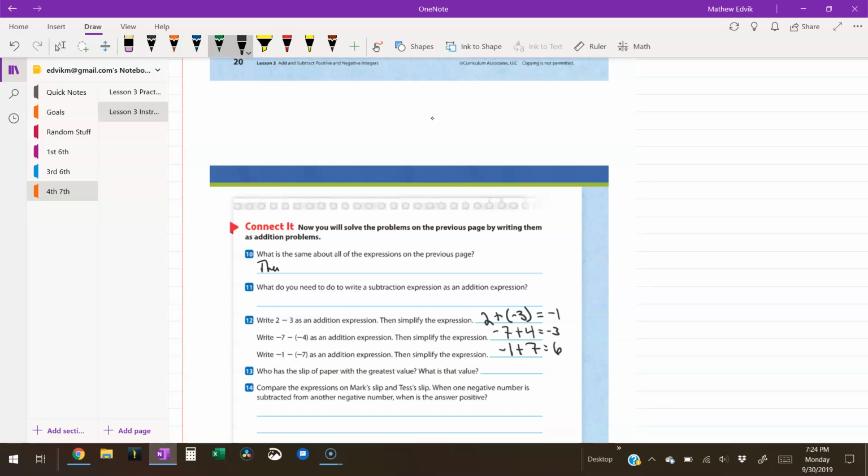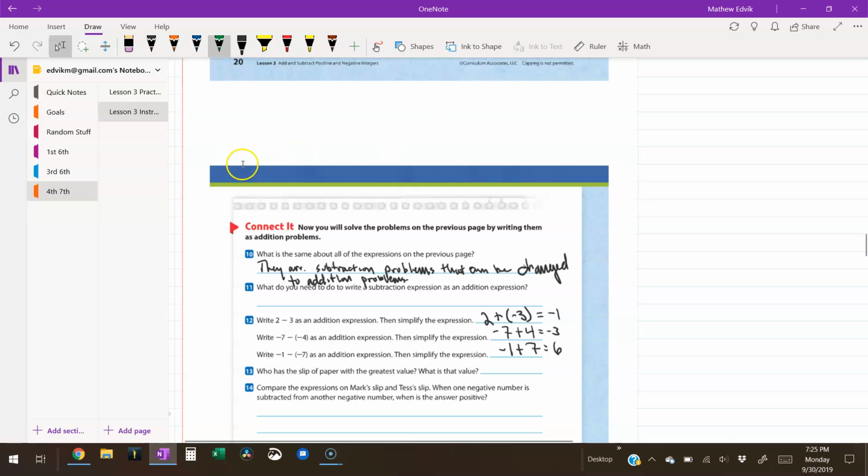So they are subtraction problems that can be changed to addition problems.